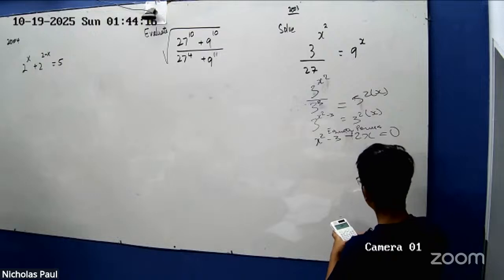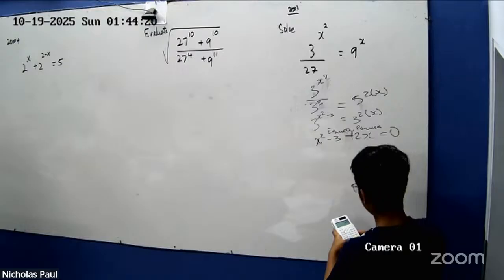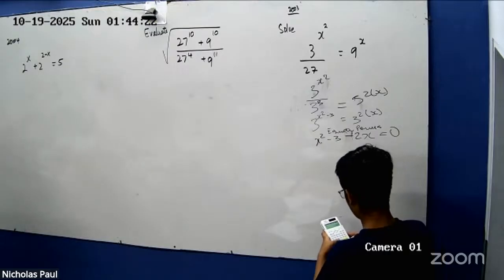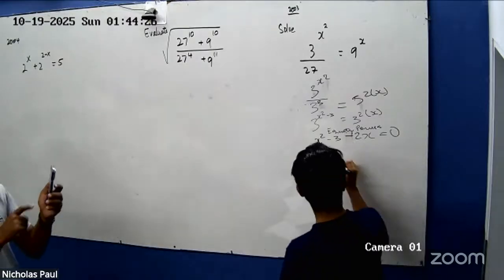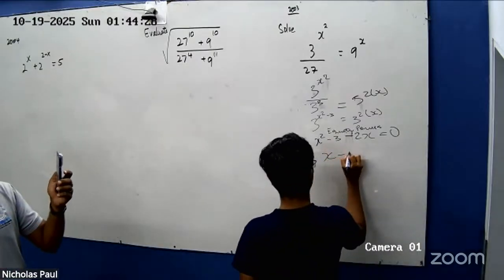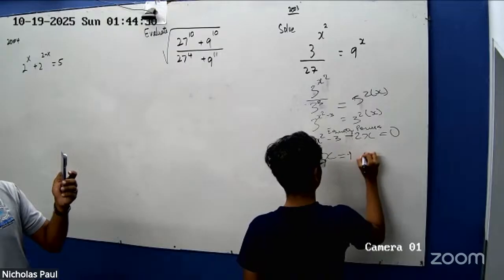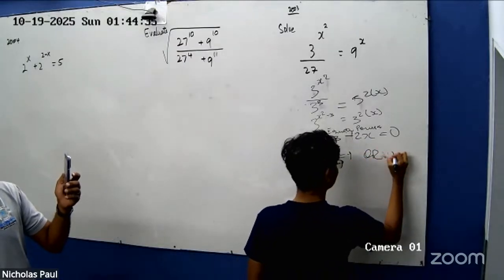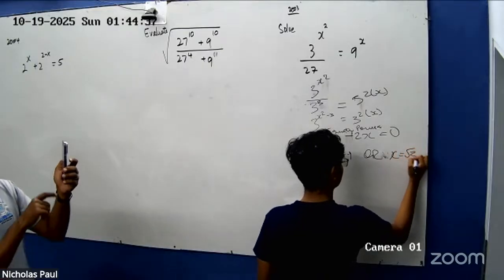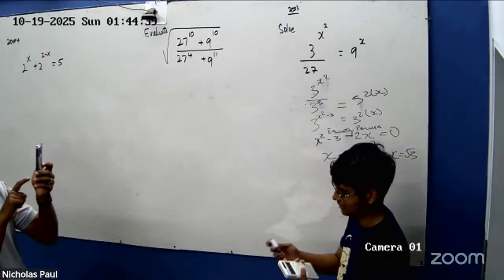How much do you all have? When you solved it, what did you get? -1 and 3. Just put -1 and 3. Right? Alright, nice. Come on. Yeah.